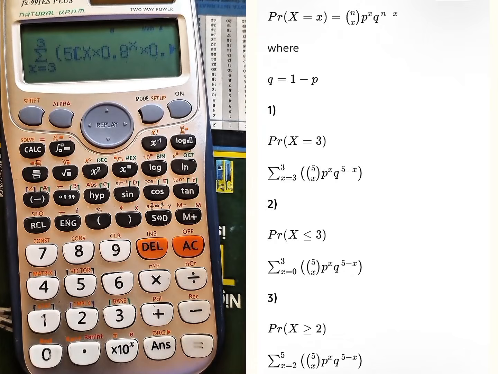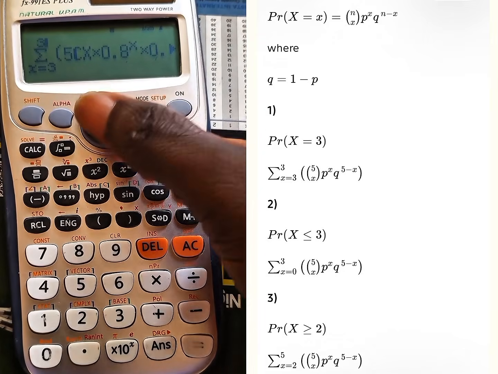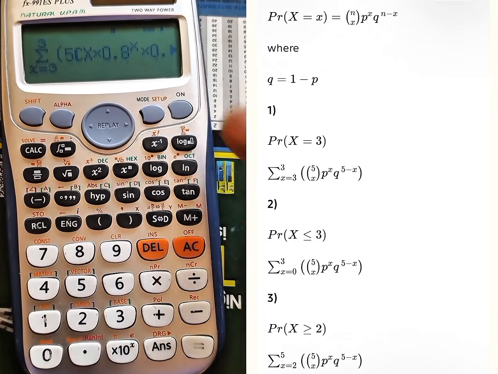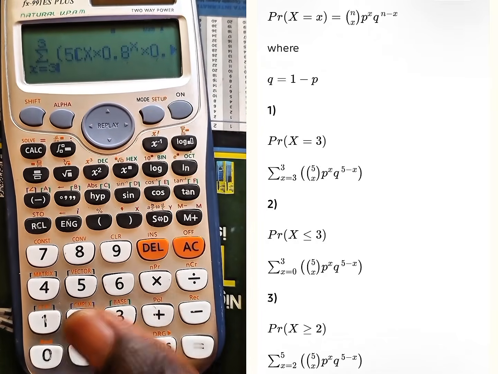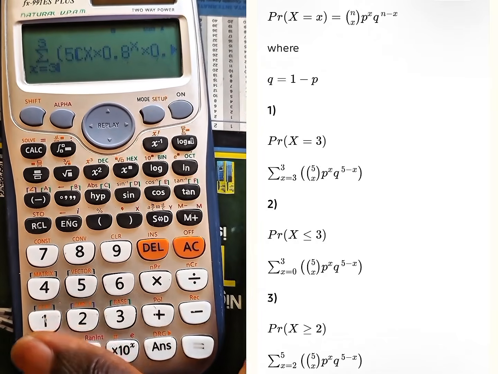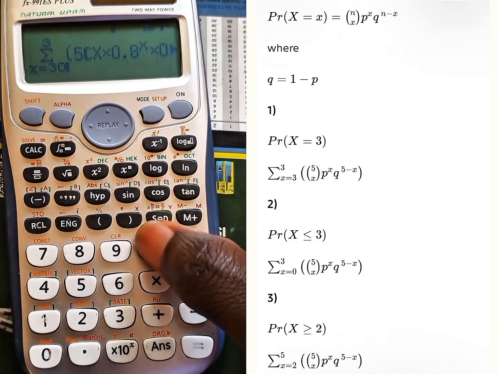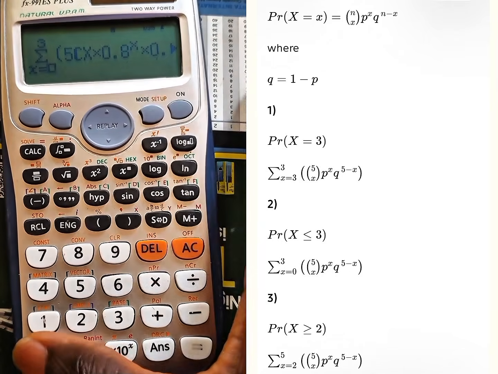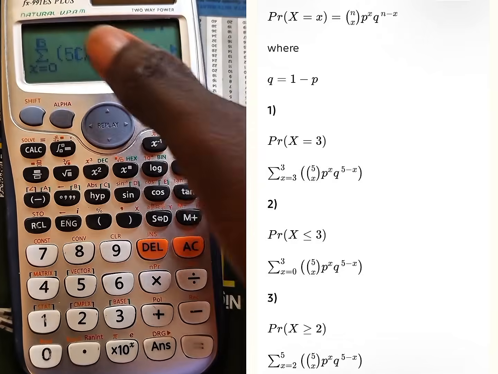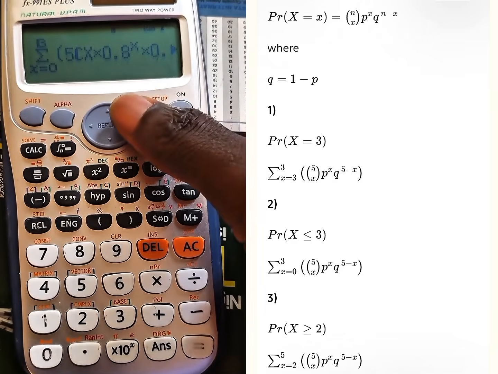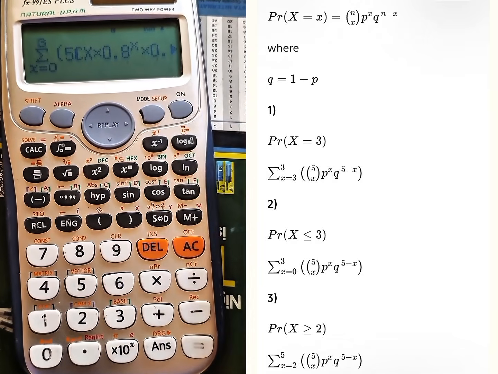They're asking for at most 3 people. That means you start from 0 people to 3, because x in binomial starts from 0. Our 3 is already there. So the probability of at most 3 people means the probability of x less than or equal to 3.